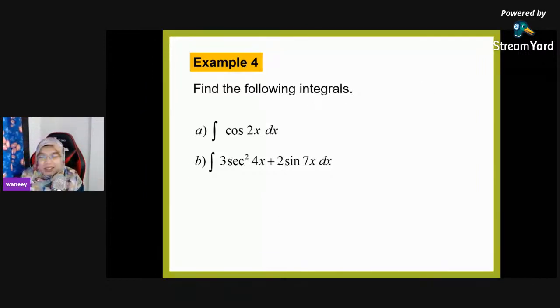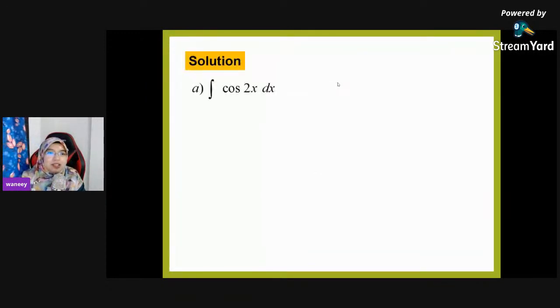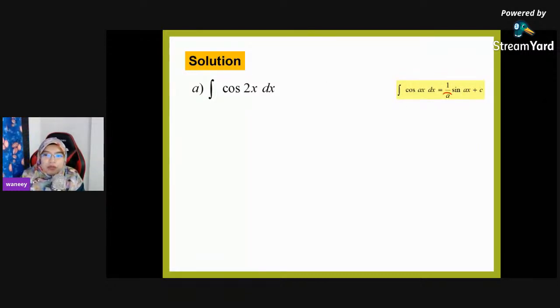So now let us start with the example. Integrating a cos of 2x dx. So integrate a cos, it will become positive sine. It will be 1 over the coefficient of x, so 1 over a, sine of ax, plus c. Let me do part a first, then we're going to wait a little bit.